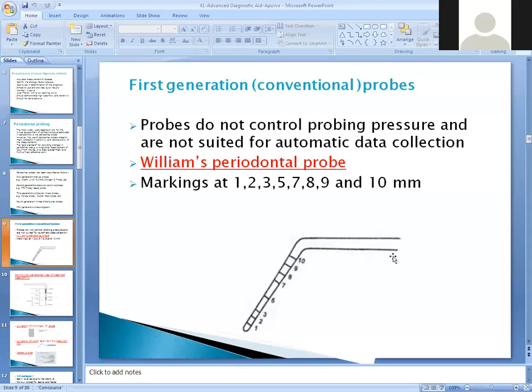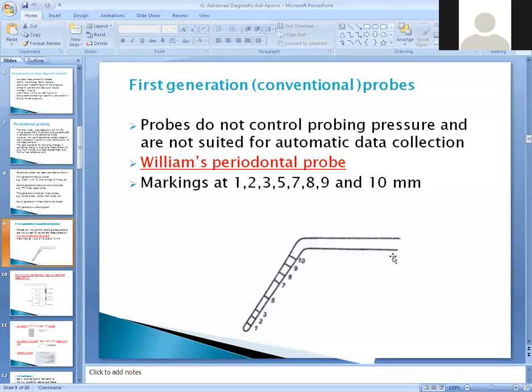See, for periodontitis, a patient is suffering from periodontitis. You have measured probing depth in his first visit. The probing depth which you have marked in the mesial area is 7 mm. Next time, you have treated your patient and the patient is coming back to you after 1 month. Again, you need to review the patient.